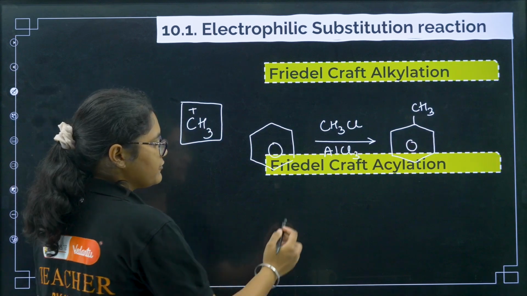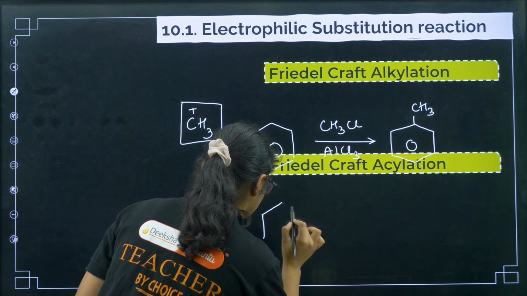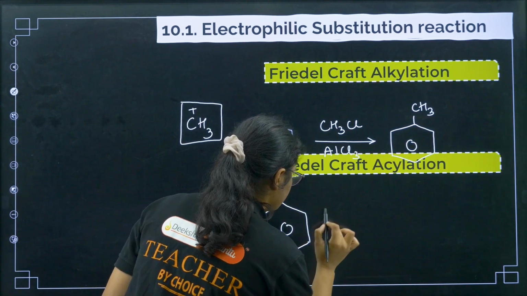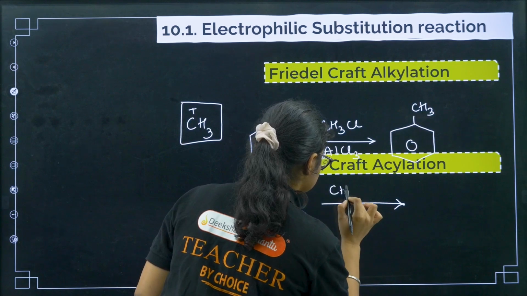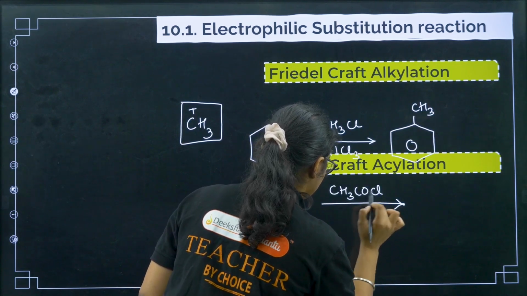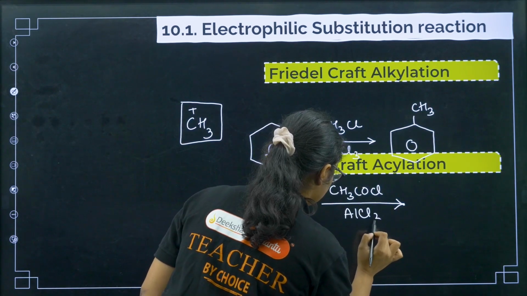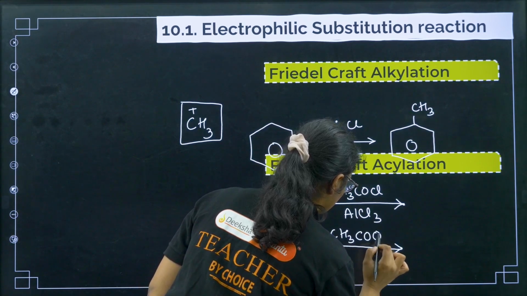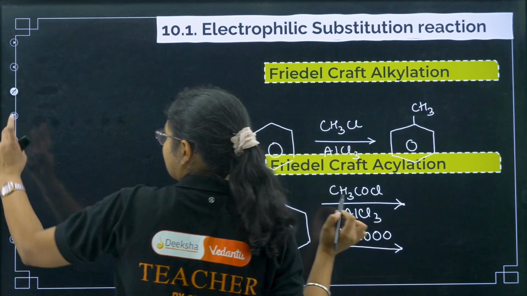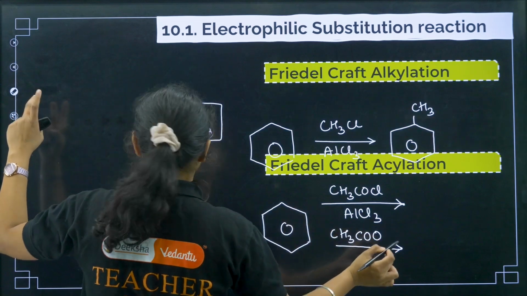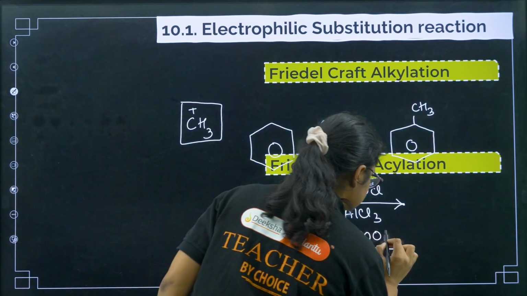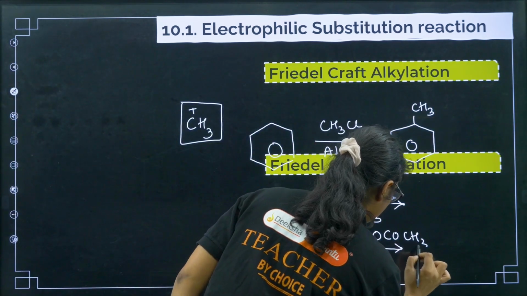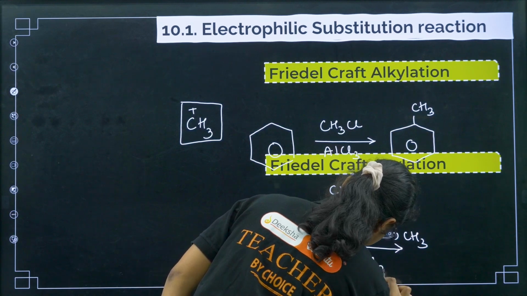Now similarly you have Friedel-Crafts acylation. So if you take benzene ring, you can do like this: CH3COCl, AlCl3, or you can use CH3COOCOCH3 in presence of AlCl3.